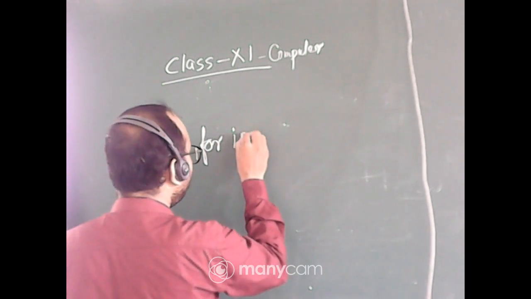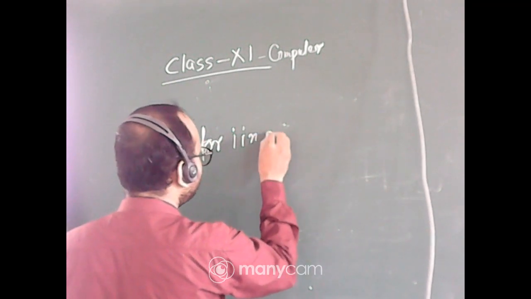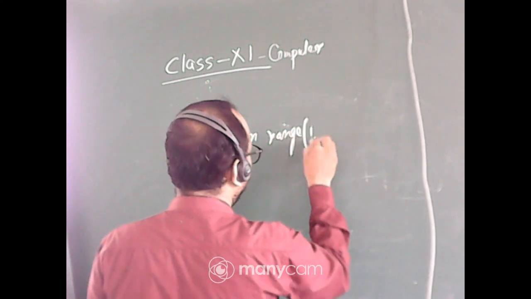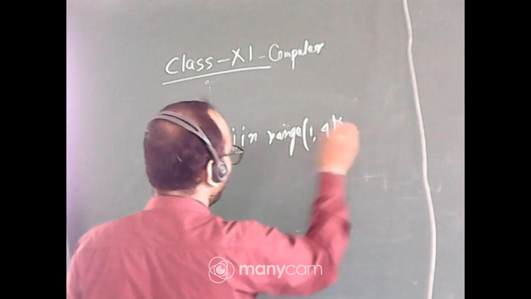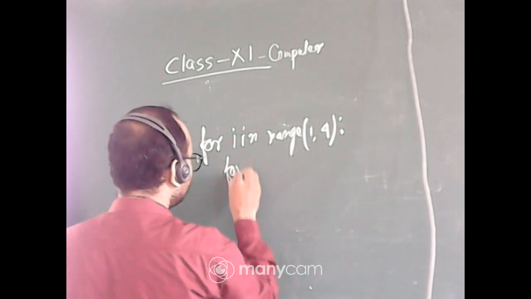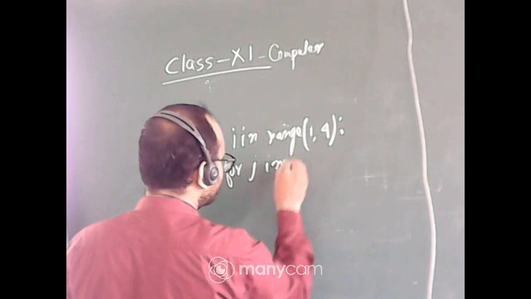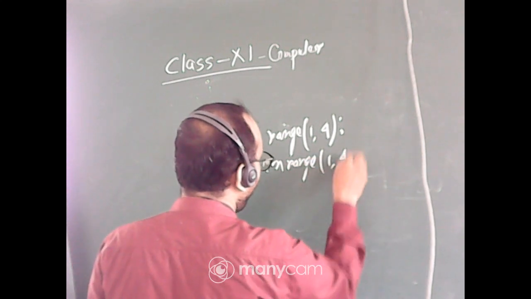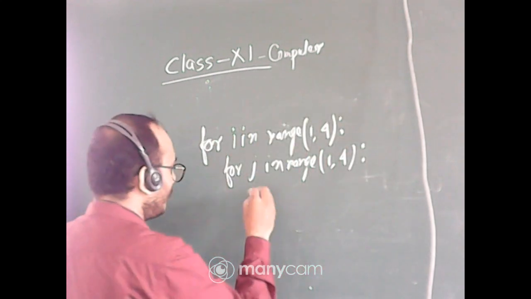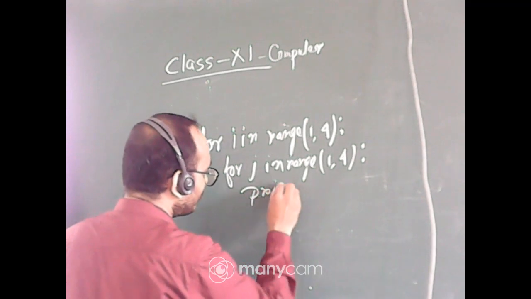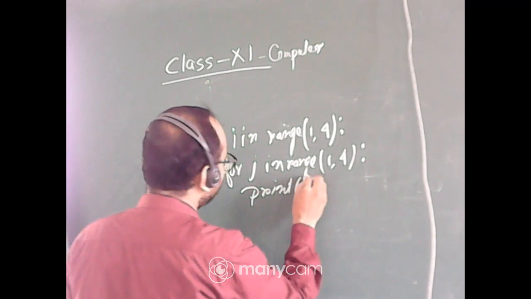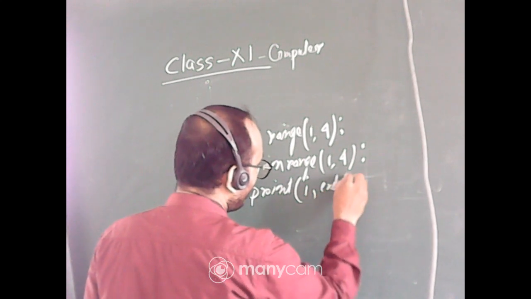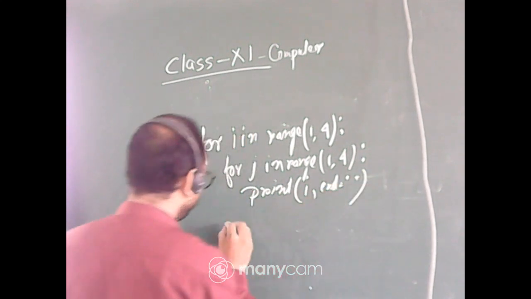For i in range 1, 4 colon for j in range 1, 4 colon print, just print the i value, end equals to double quotation.